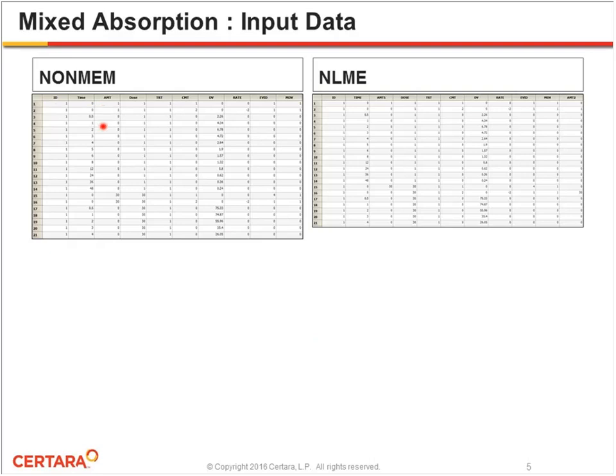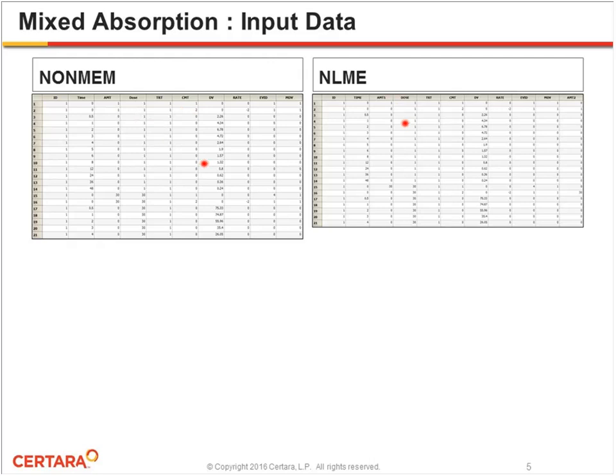This is a dose amount, and since we have two absorption processes, we need to distinguish between the two compartments, and this is done in NONMEM with the CMT, the compartment column, where you identify which compartment receives this dose. This is differently handled in Phoenix NLME, where you just split up the amount column into amount 1 and amount 2. So you don't need a compartment column in this case.